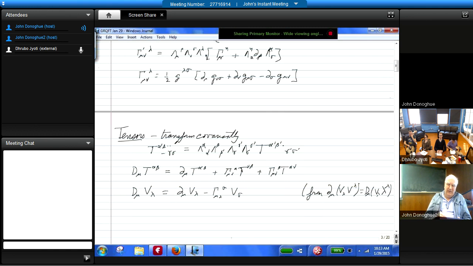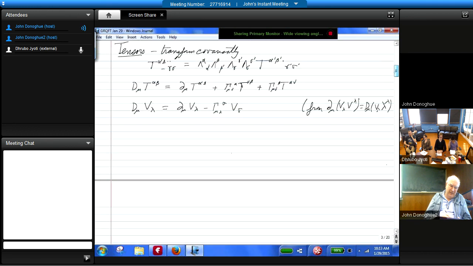But if we know how the upper transforms, the lower transforms in a particular way also, and that's where the minus sign comes from. Same gamma, just the minus sign. So that's where you get that transformation law from. When you have a tensor with things down, you just use this as the property.